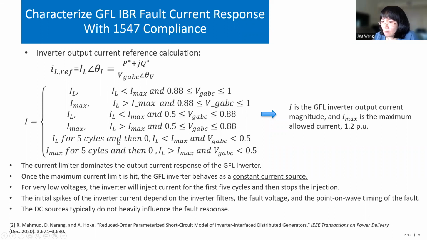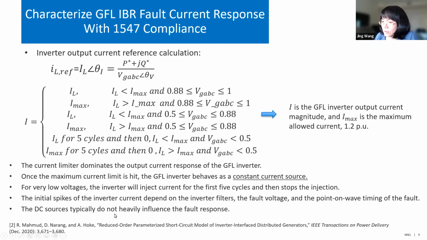Based on this, we can understand the current limiter of the inverter dominates the output current response. And once the maximum current is hit, the grid following inverter behaves as a constant current source. For the low voltages, the inverter will inject current for the first 5 cycles and then stop the injection. This is a momentary cessation.